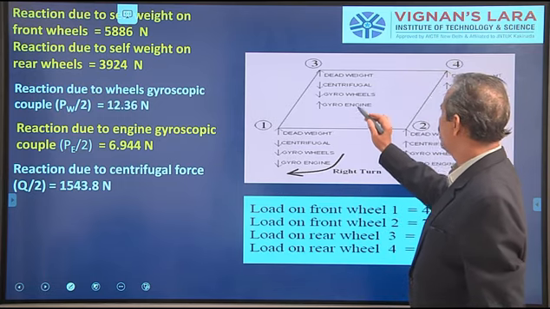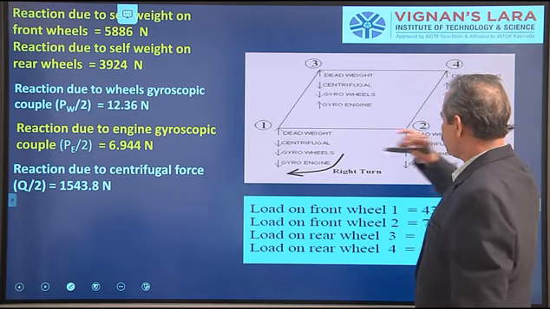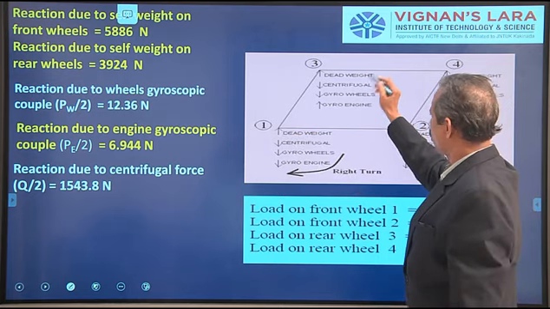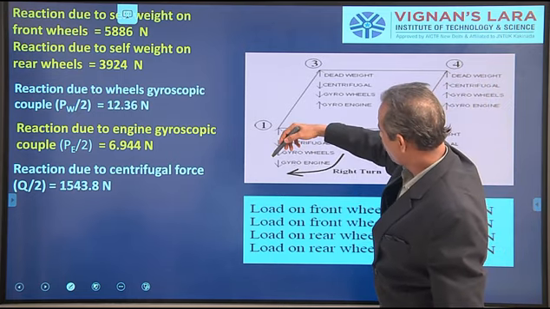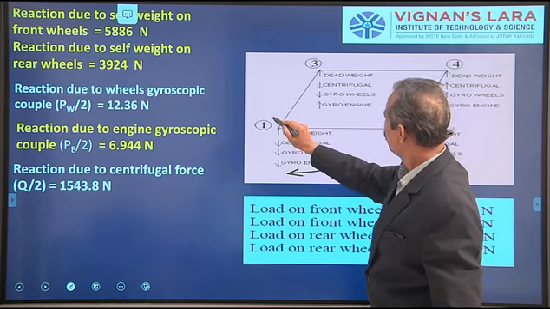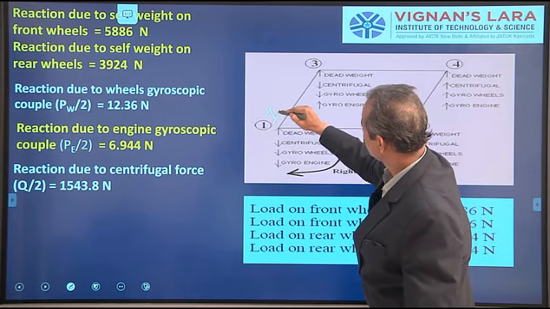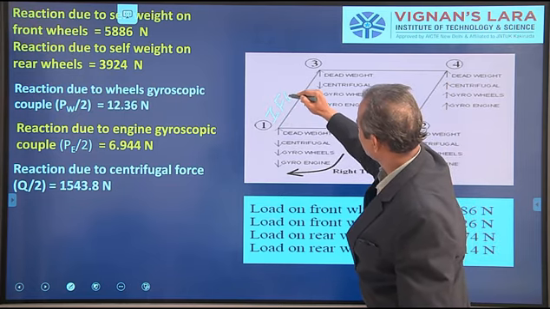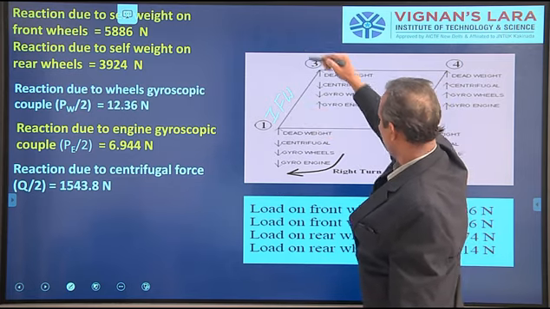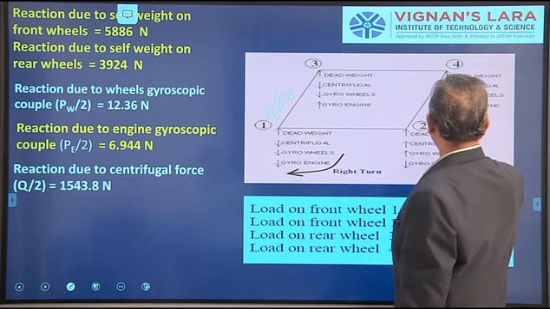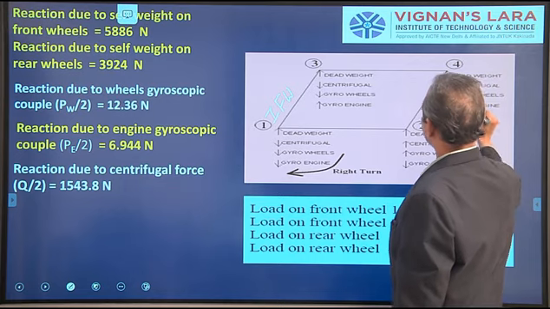So you can see here, this is 1, 2, 3, 4. So I have shown it in the opposite way. This is the inner front wheel. This is the outer front wheel.